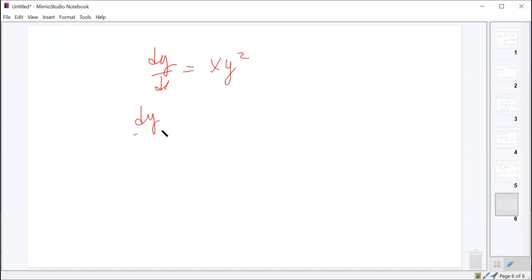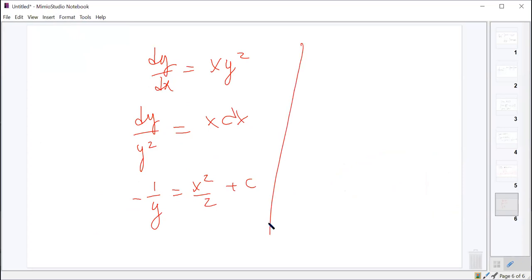And so when you separate your variables, people are very tempted to just make this natural log absolute value y squared, but it is not, right? It's just negative 1 over y when you do the power rule, right? And then you'd solve for y.